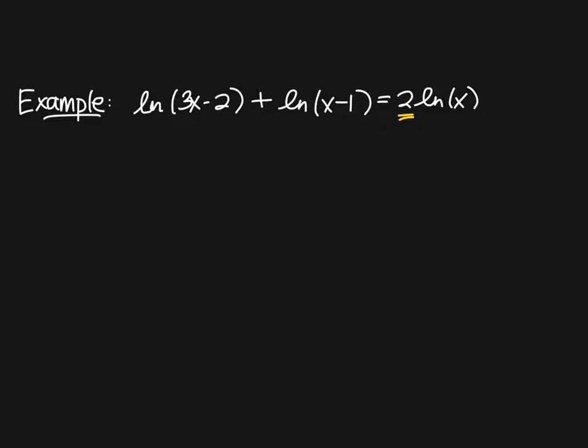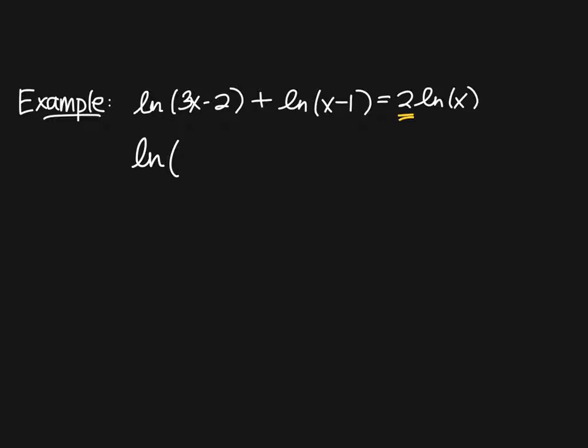So let's deal with the left side because we've got 2 logs right there. What property can we use to condense that? Multiplication. Very good. So we're going to use multiplication because in logarithm land, multiplication and addition are equivalent to each other. What am I multiplying?